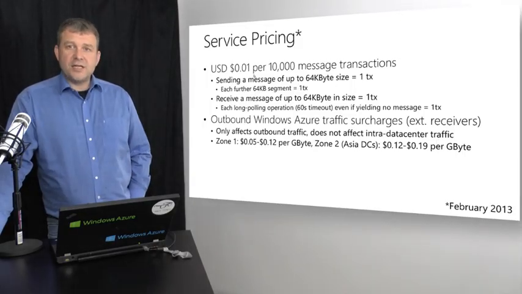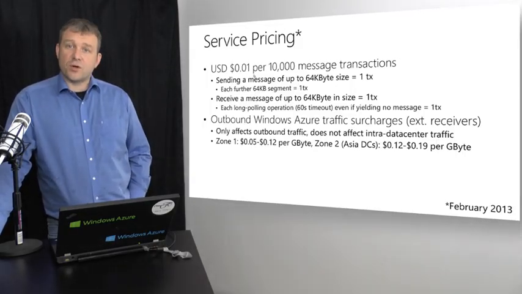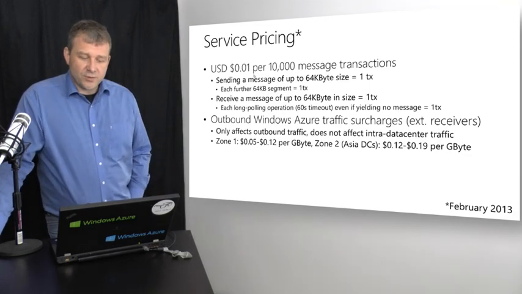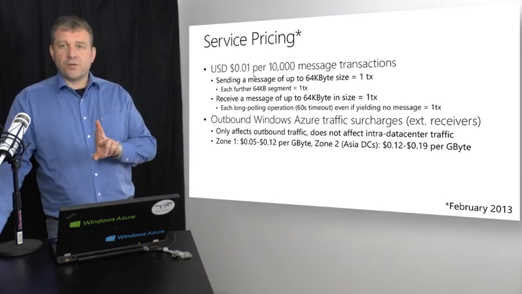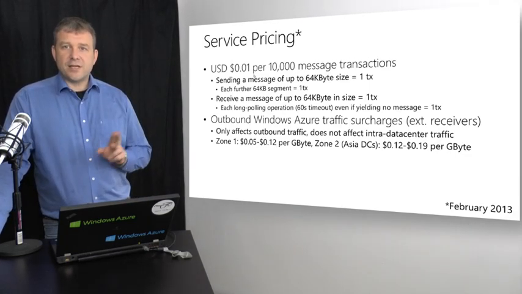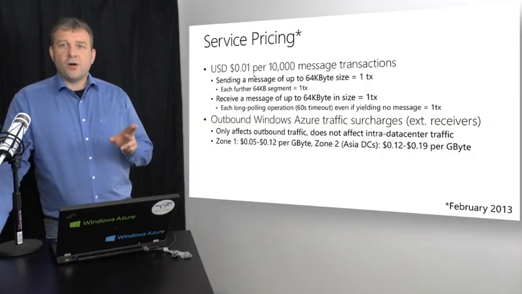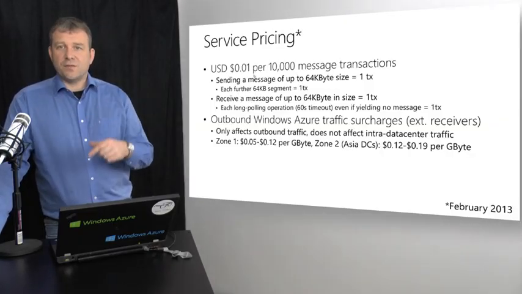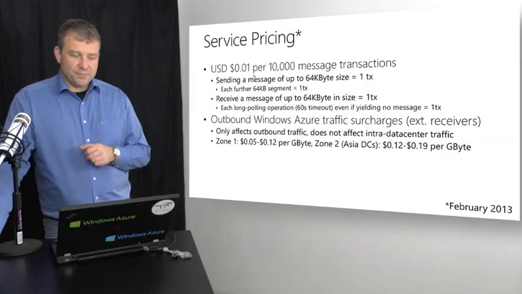These each count for one message transaction, so that's 4 transactions. So the easiest way to remember is: send one message, 64K is the limit, one message transaction; any further 64K, also beginning 64K, is also one message transaction.